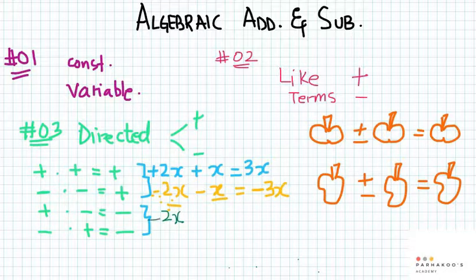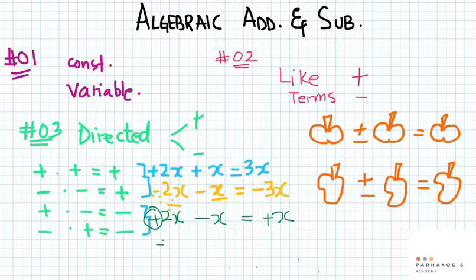2x minus x. So here plus minus is minus. That means we should be subtracting 1x from 2x. So it would give us 1, and the sign would be that of the biggest term, and that is plus. So plus x, and we don't write the 1 or plus in algebra.